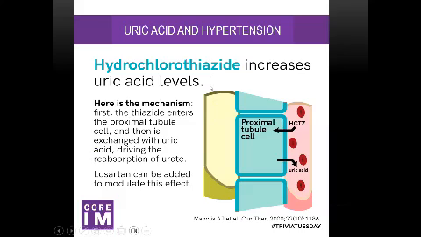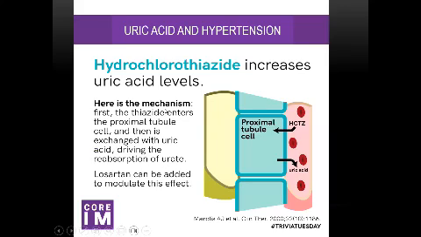So now the important word about uric acid and hypertension. Whenever the uric acid is high, don't use thiazide diuretic, because thiazide diuretic is going to cause reabsorption of uric acid.